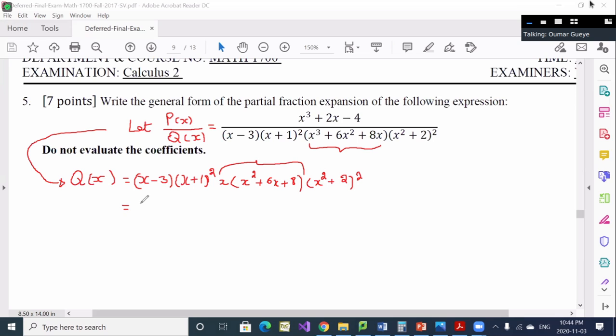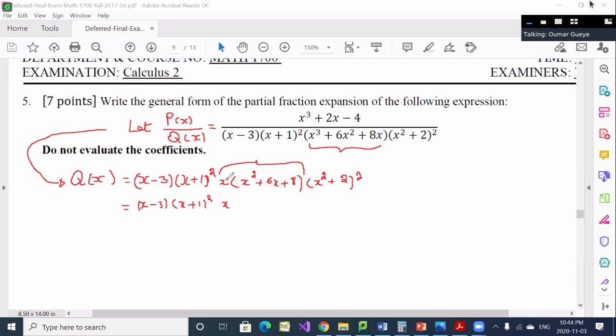So now we'll copy the first linear factor here. Then the second linear factor, repeated twice, which means it's going to generate two terms. And we have x.